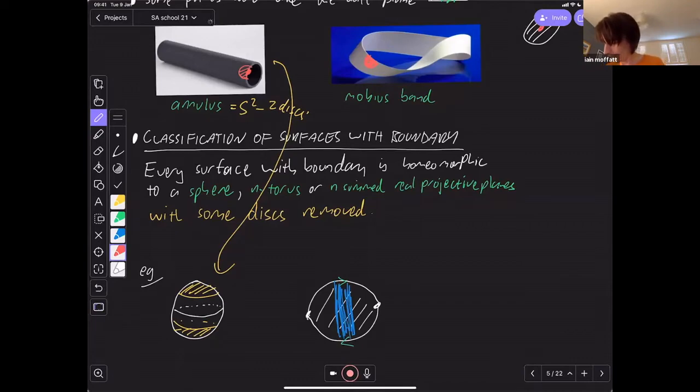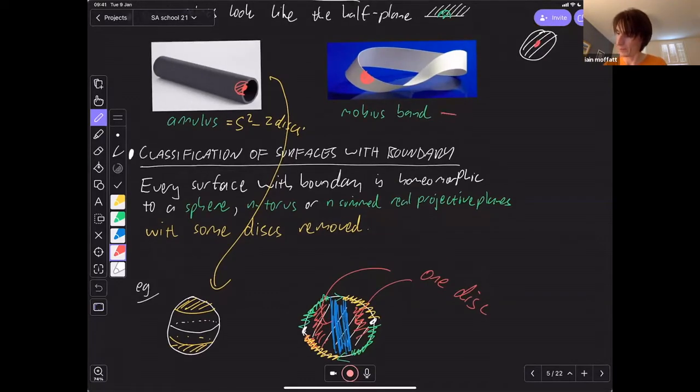And if I look at what's left here, so this side here would be glued to this part here, this part here glued to this part here. So after this gluing, what I've got is that this red stuff is one disk. Okay, so the Mobius band would be equal to the real projective plane, RP2, minus one disk.